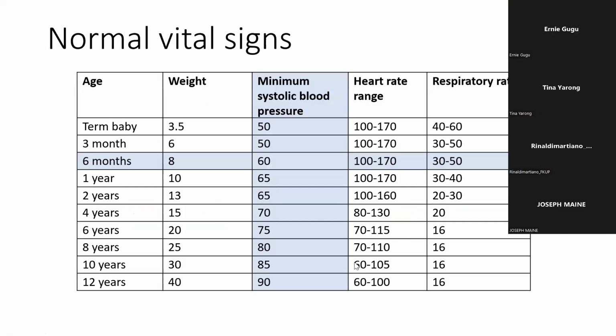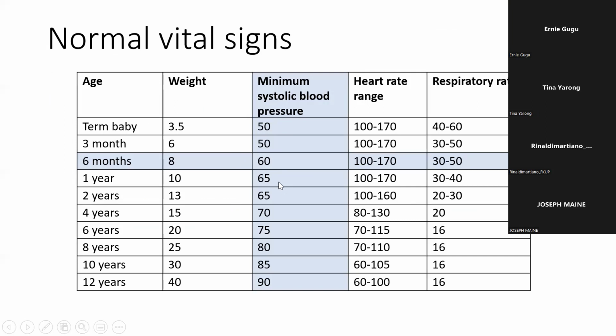We haven't talked too much about blood pressure, but I want you to just have a look at this. This is a chart of normal vital signs. So the normal systolic blood pressure for a child is a minimum of 50. And for a baby who's 7 months of age, somewhere between 60 and 65, that's the minimum systolic blood pressure.